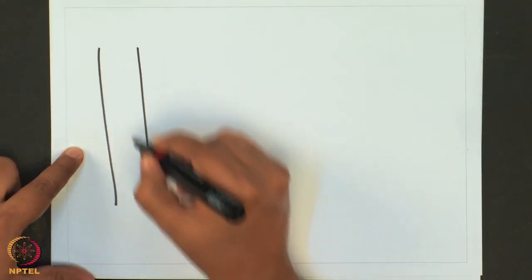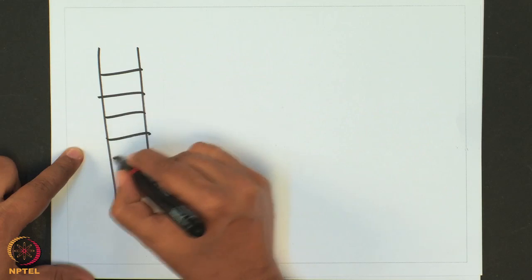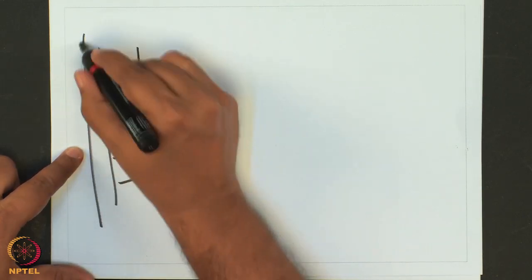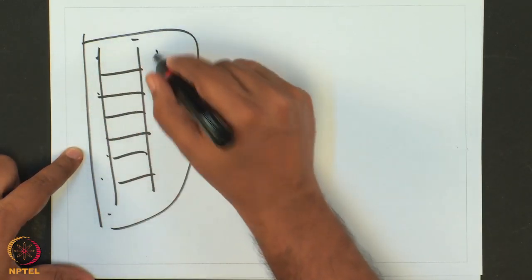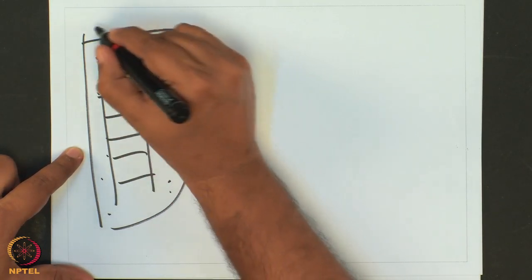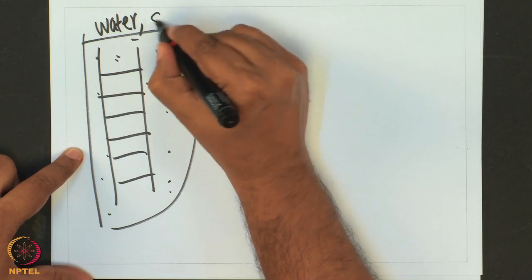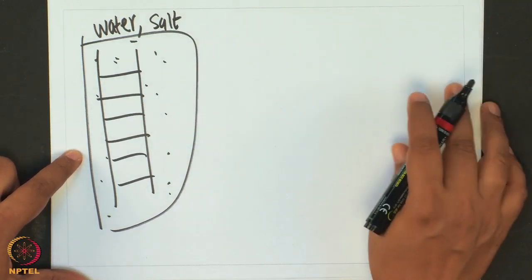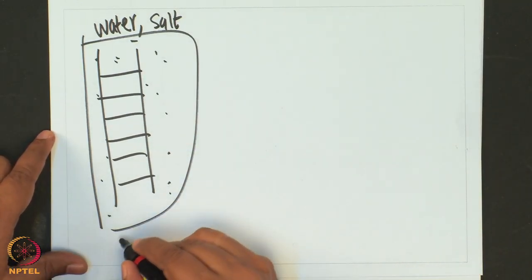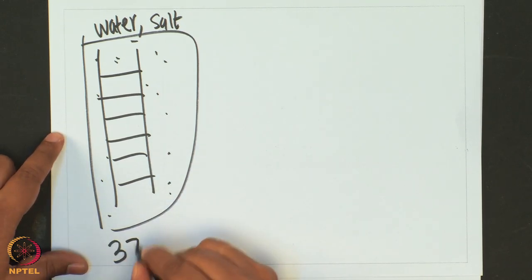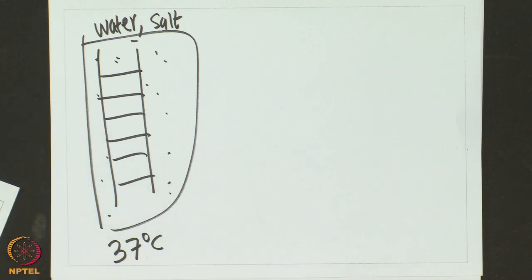So if I plot the number of intact bonds with time, this is the experiment that we are thinking about. We are thinking about taking a DNA with appropriate conditions like water, ions and all that. So there is salt, appropriate in vivo like conditions, but only DNA, and the temperature is 37 degrees Celsius.